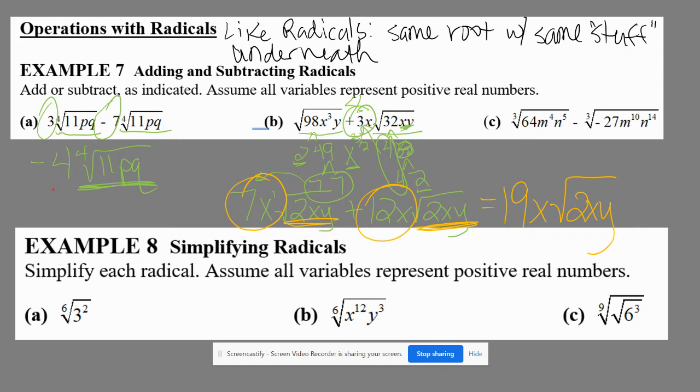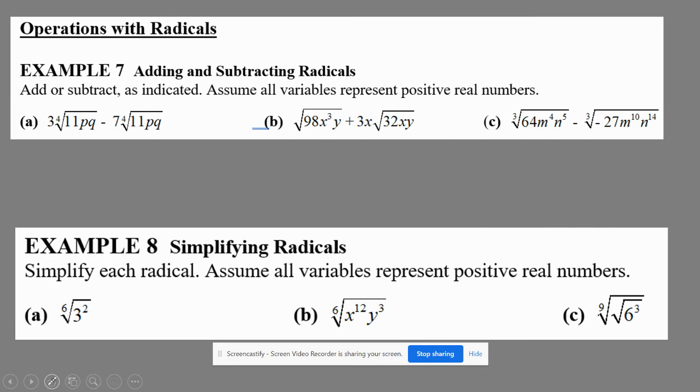We look at example C. Let's do yellow. Third root, these are, again, not the same. 64 I know is 4 times 16. 16 is 4 times 4. It's a third root, so I need 3.